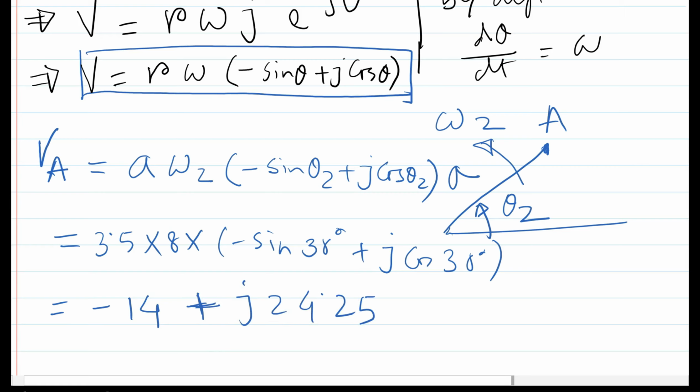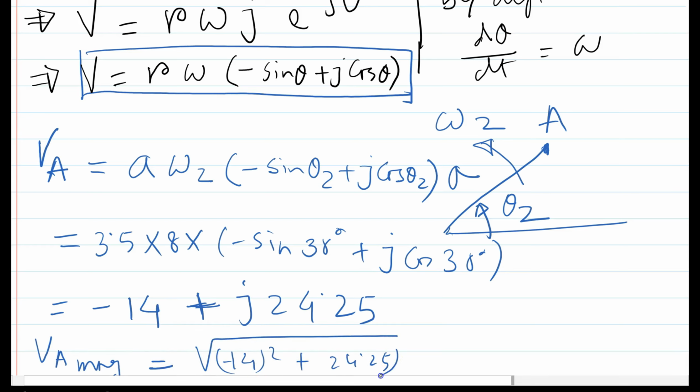Now we want the magnitude of this number, which is the square root of negative 14 squared plus 24.25 squared, which gives us 28 millimeter per second, which is one answer.